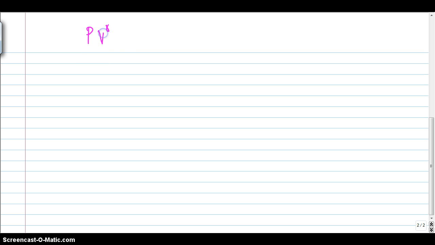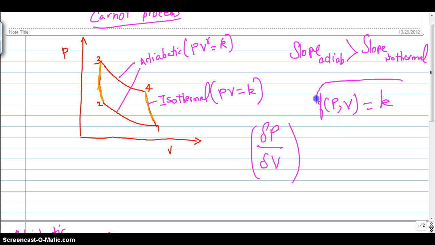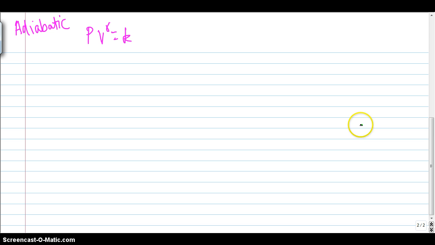Let's take the adiabatic equation. How do you find the slope in a PV diagram like this? Mathematically you can write it as the partial derivative of P with respect to V, since it is a function of two variables.